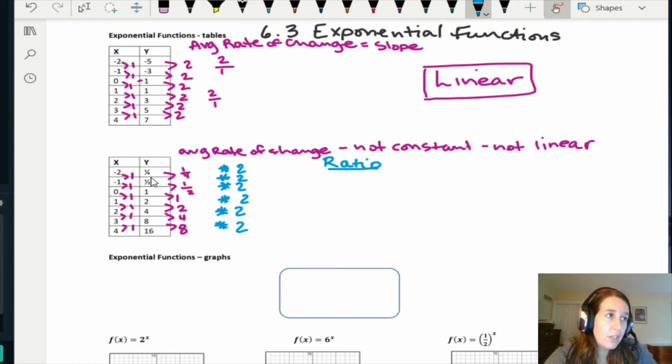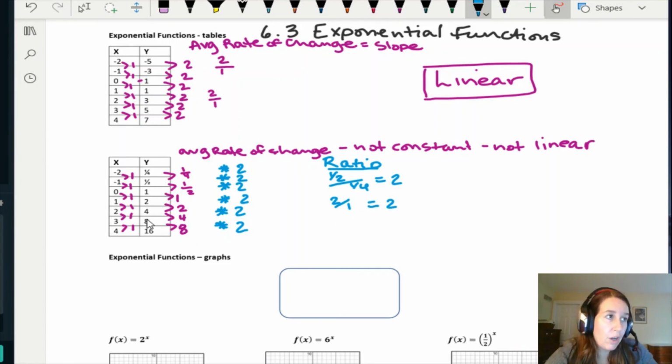The ratio of the y values would be 1/2 to 1/4. We take that second y value and divide it by the first, and we see, yes, their ratio is 2. The ratio of this y value 2 to this y value 1 is 2.